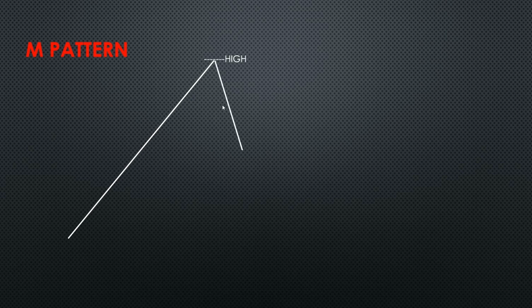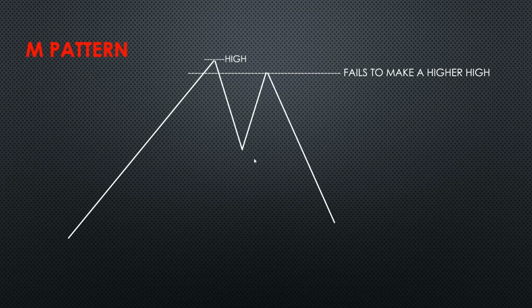Okay, so let's move forward. What am I looking for in the 100 tick chart? This is very simple, nothing new. If we want to short the market, I'm looking for an M pattern, meaning the market is going to give us a high, a higher low, tries to make another high, fails to make a higher high, breaks structure here.